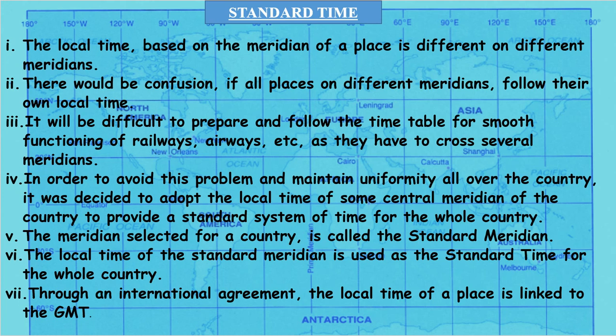The local time of the standard meridian is used as the standard time for the whole country, and through an international agreement, the local time of a place is linked to the GMT, that is Greenwich Mean Time.